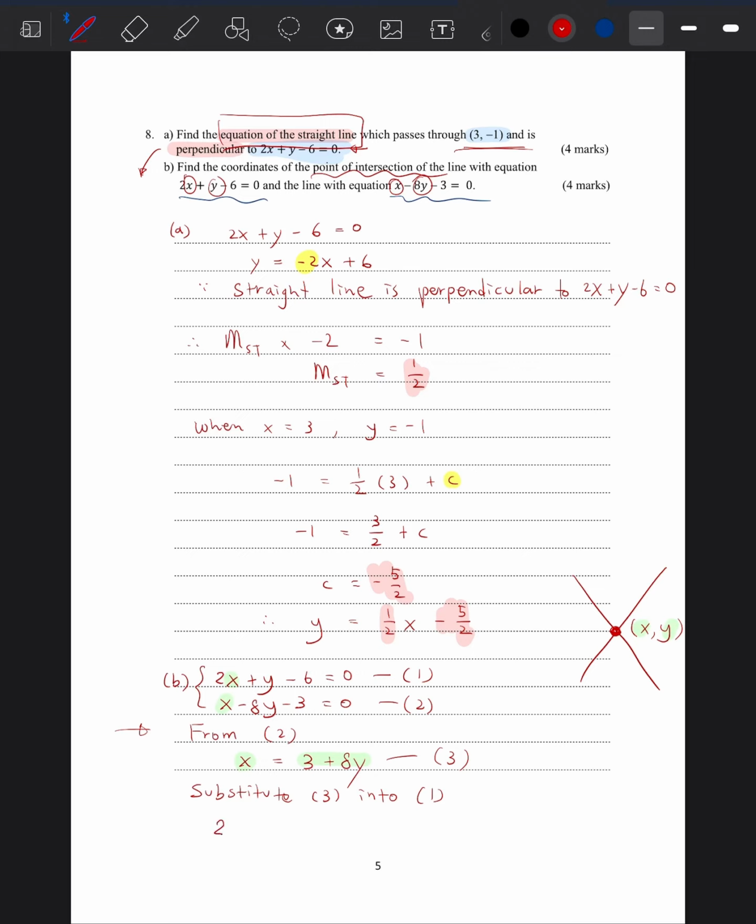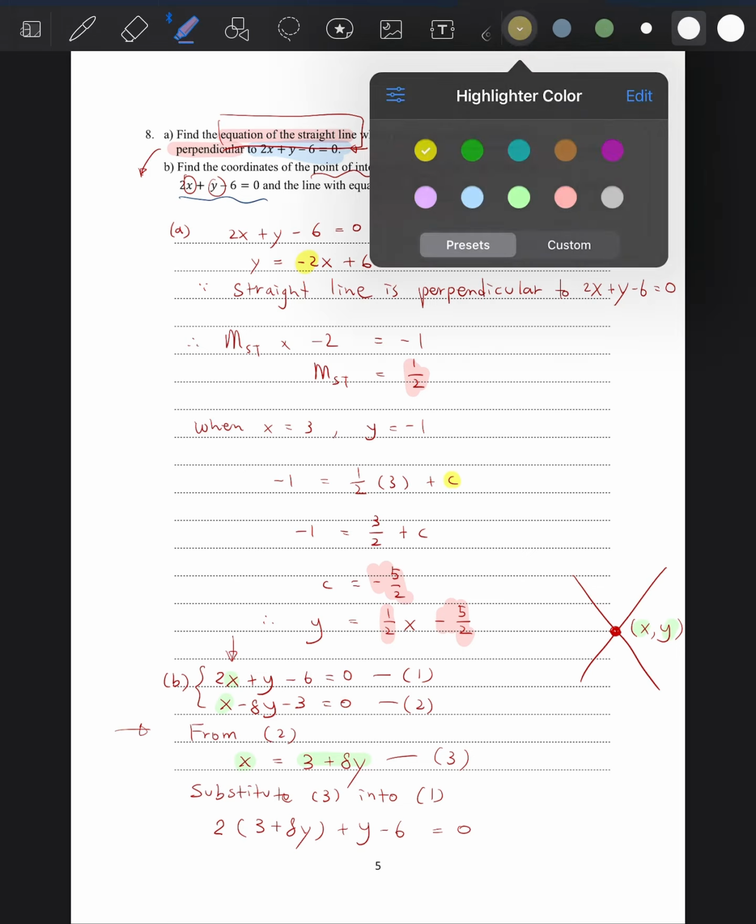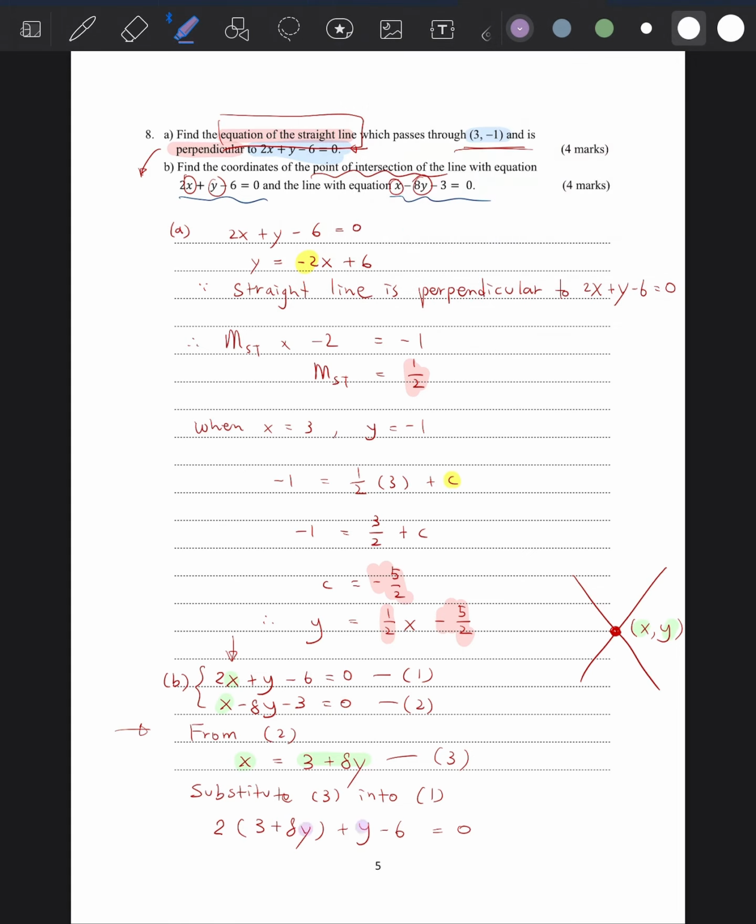So here your x, this x here, will be replaced by 3 plus 8y, plus y minus 6 equals 0. So now you only have one unknown in this equation. To solve it, you just solve it like you usually do. So 3 plus 8y, with the 2, gives 6 plus 16y plus y minus 6 equals 0.